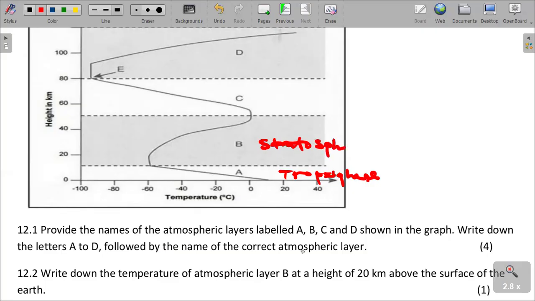And then C is the mesosphere. And then D, obviously, forms the thermosphere.